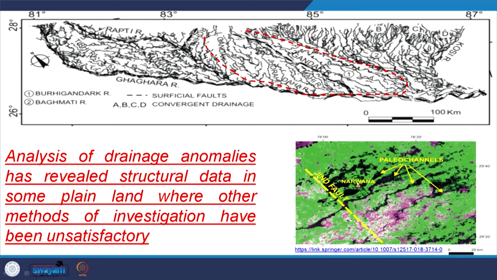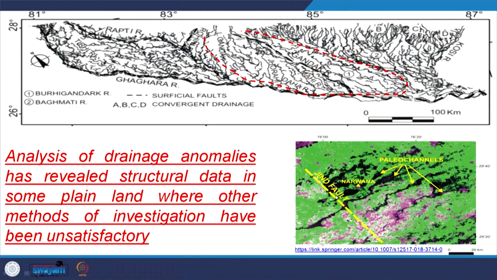This photograph was very useful to identify the Jind fault, and these are paleo channels, all ending here. There was an elevation difference, and due to this faulting activity the channels were abandoned. After a heavy rain they were filled with water, and the satellite image taken at that time shows that all the channels abruptly end at this particular structure.